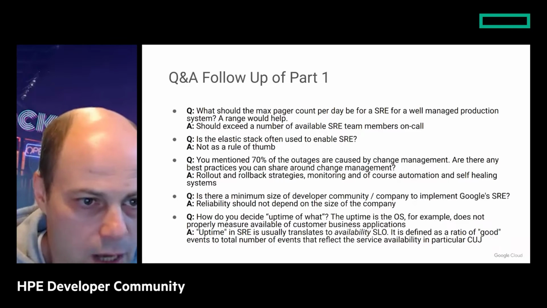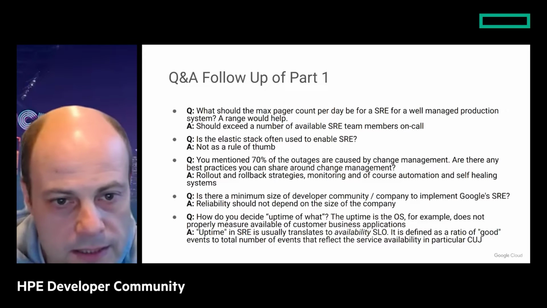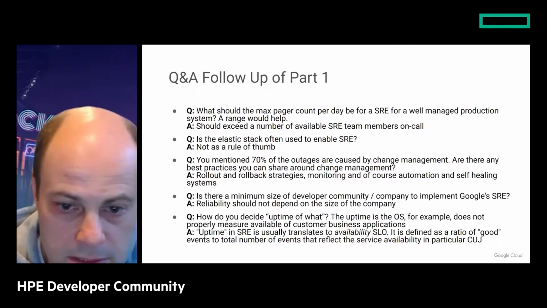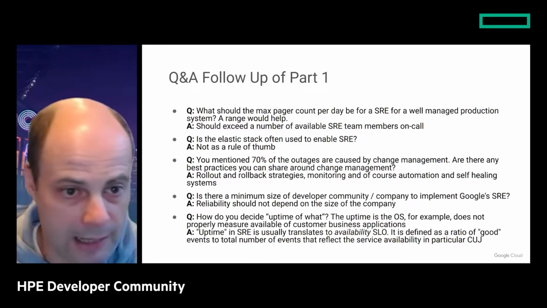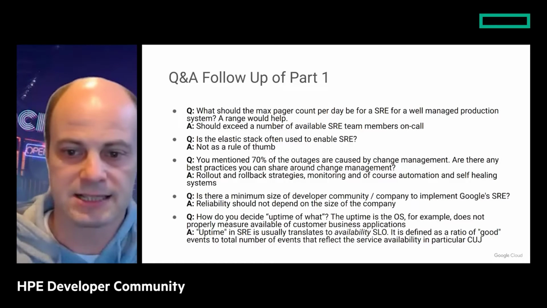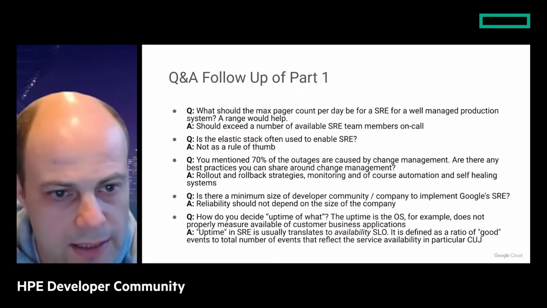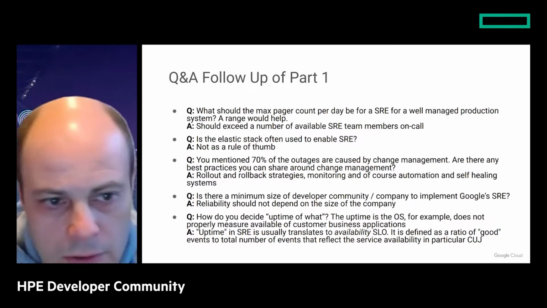The last question: how do you decide the uptime of what? The uptime of an operating system, for example, doesn't properly measure availability of a customer business application. This question was asked in Slido Q&A, and I'm not sure I understand the second part of the question, honestly.